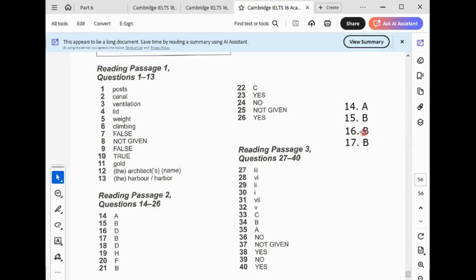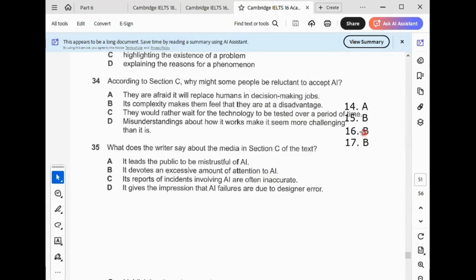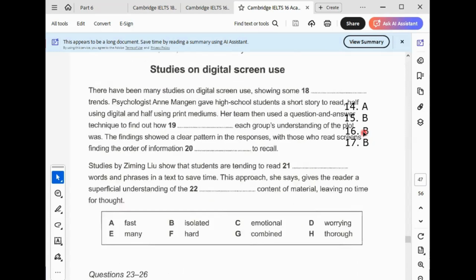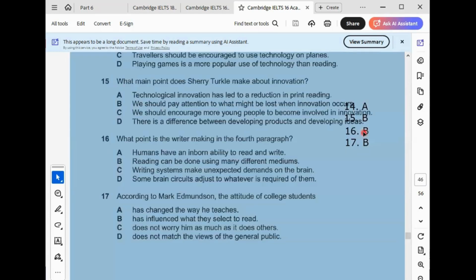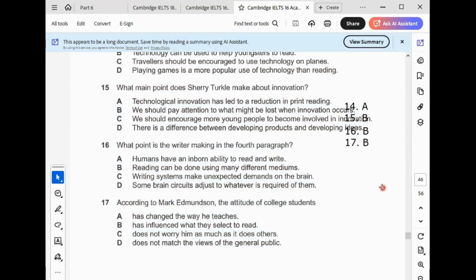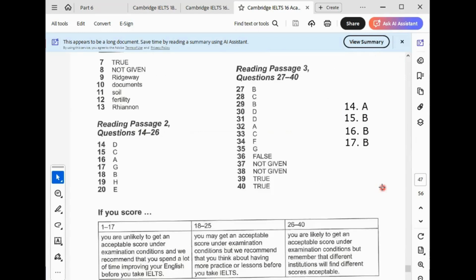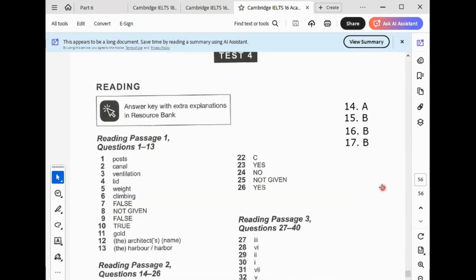Now let's do self-correction. They say number 16 is D. Multiple choice questions, very tricky. Did they say number 16 is D? Am I right? Okay, number 16 is D.